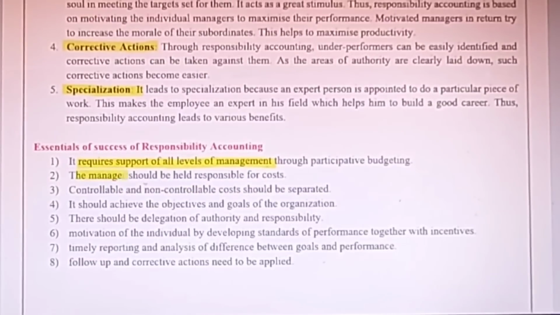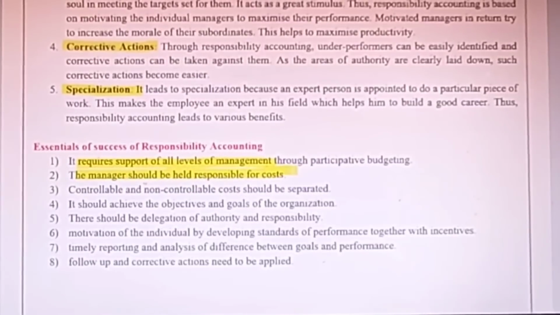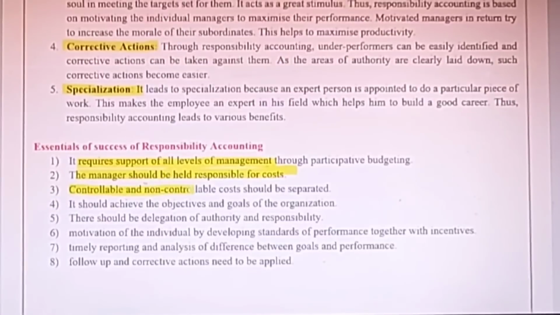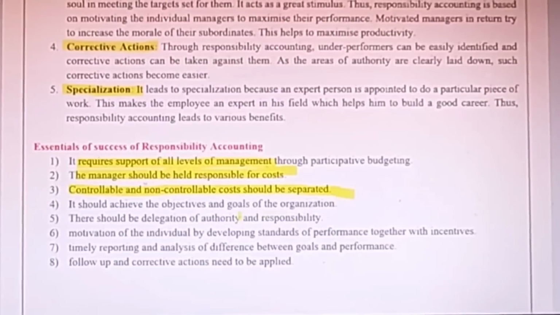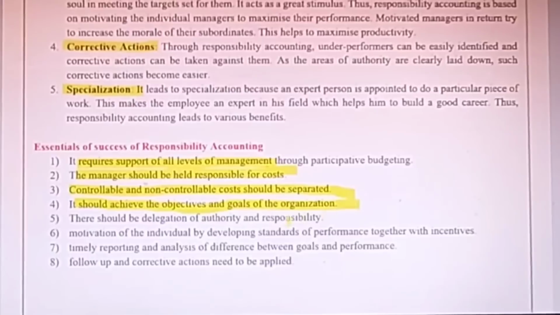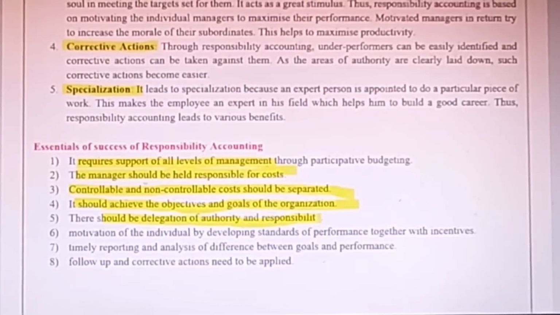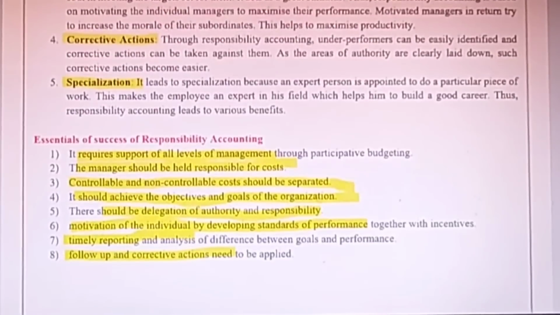The manager should be held responsible for cost, controllable and non-controllable costs should be separated, and it should achieve the objectives and goals of the organization. There should be delegation of authority and responsibility also, motivation of the individuals should be enhanced by the manager, there should be timely reporting, and there should be follow-up and corrective actions when standards are not achieved.